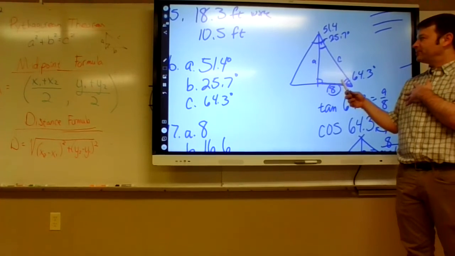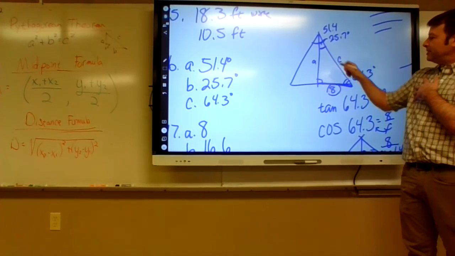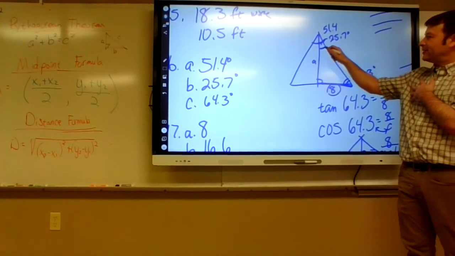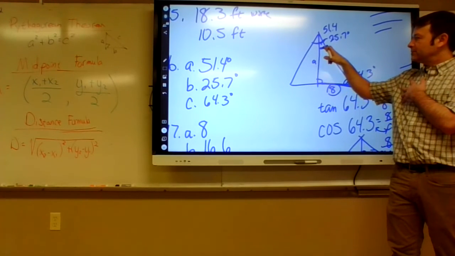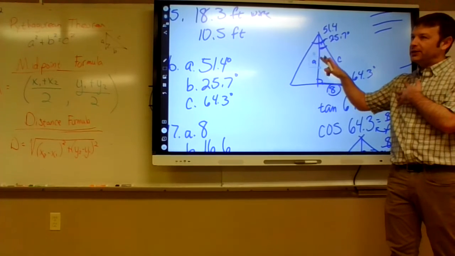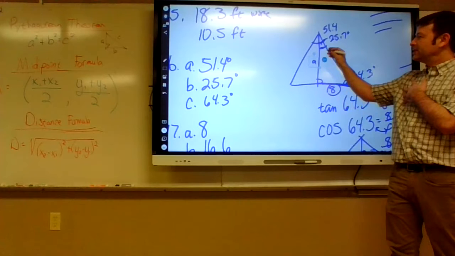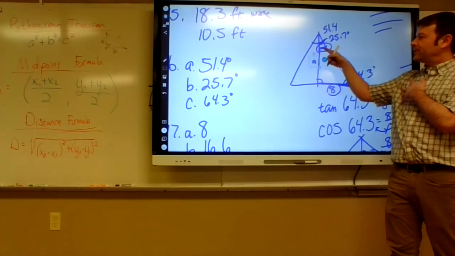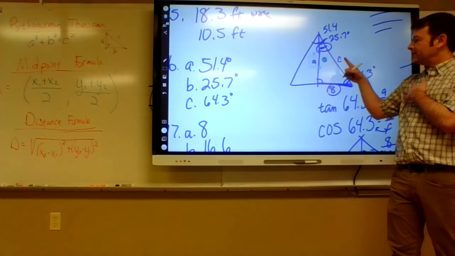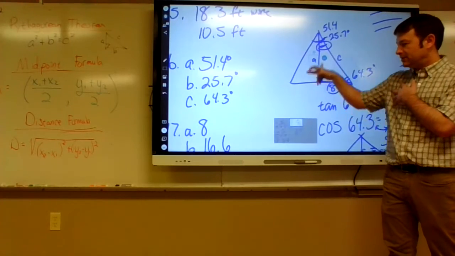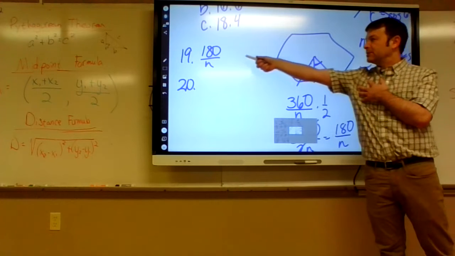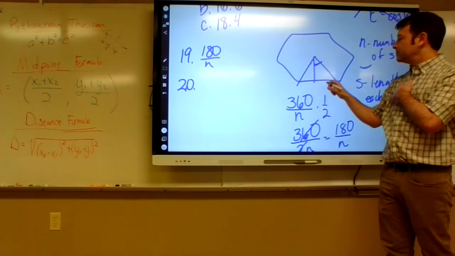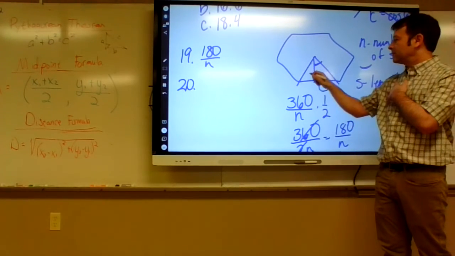But you don't really have to find this angle, since we already have something for it, the 180 over n. We can do tangent of that. Does that make sense? We just found a formula for this angle. So tangent of this, which we just found, should equal this over this.